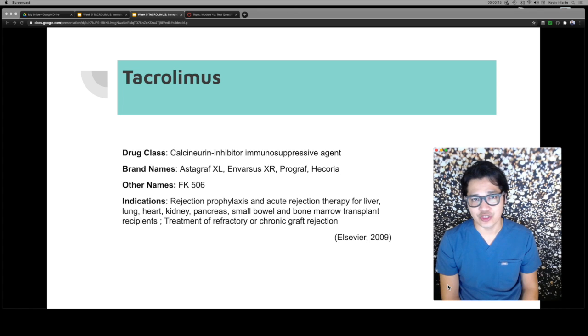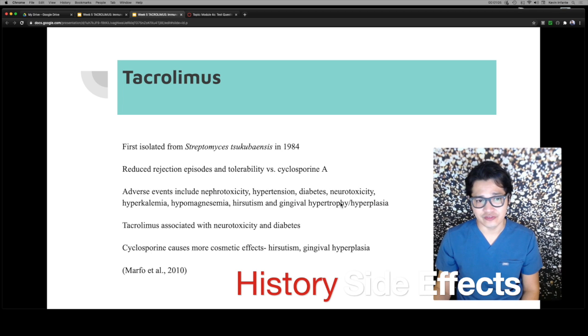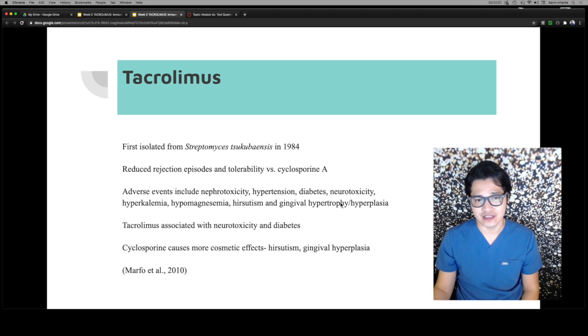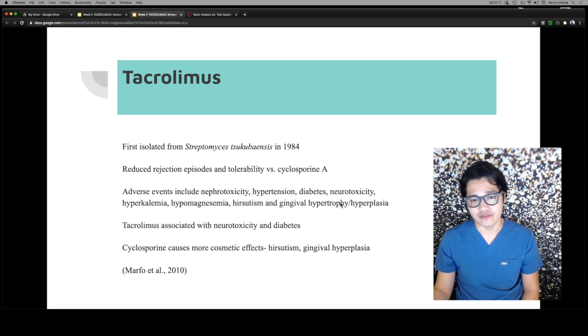It is also used for treatment of refractory or chronic graft rejection. The drug was first isolated from the bacteria Streptomyces tsukubaensis in 1984.